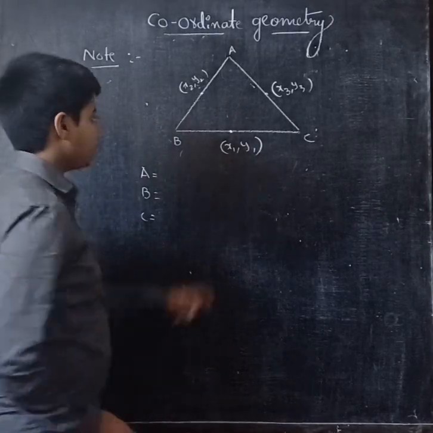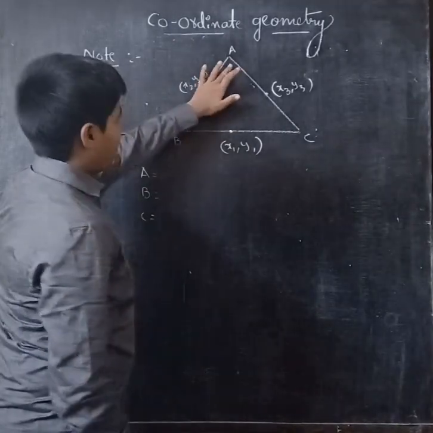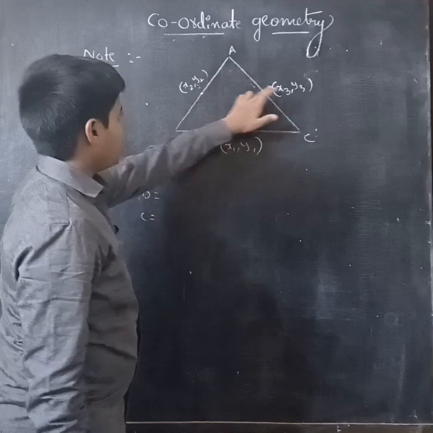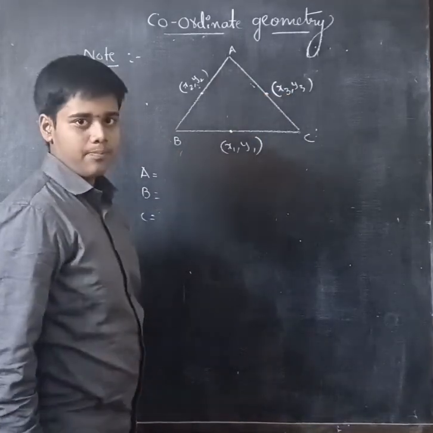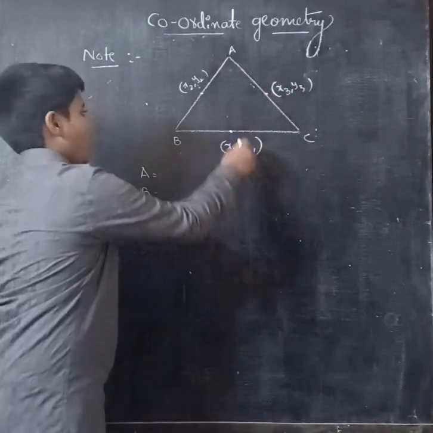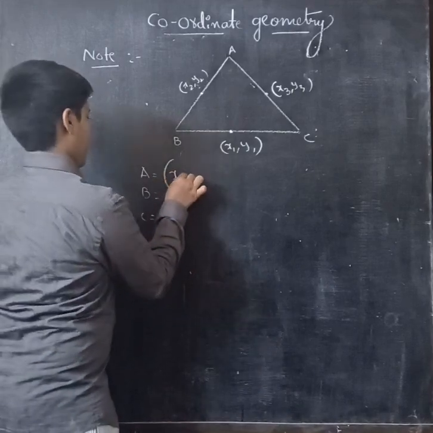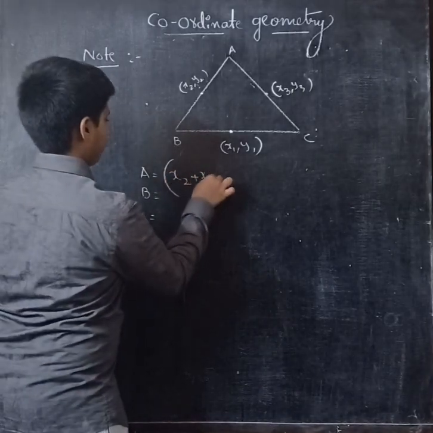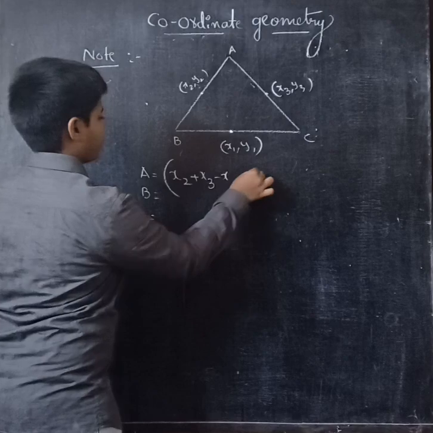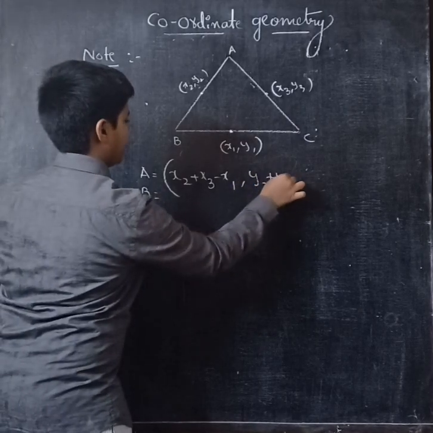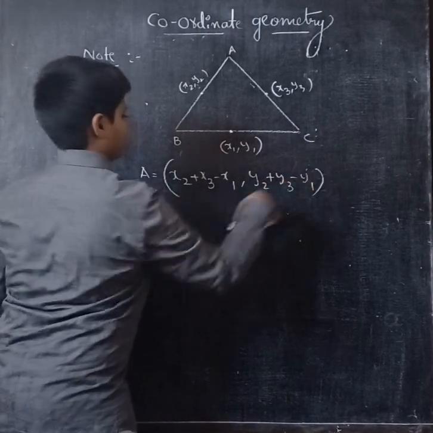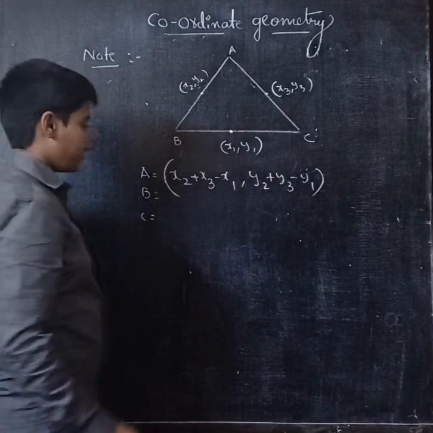How to find them, by an easy trick: x2 plus x3 minus x1. The opposite midpoint should be subtracted, which means x2 plus x3 minus x1, and y2 plus y3 minus y1. This is the A vertex value.